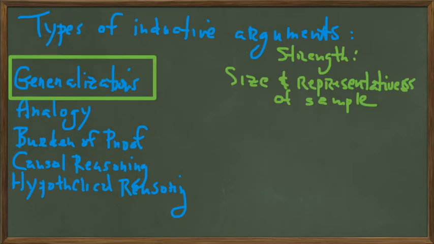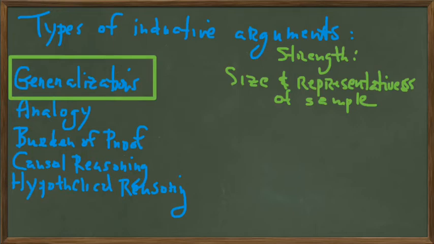So we've seen that when the sample size is big enough and representative enough, the inductive argument being made could be strong, and when the size or the representativeness is not there, the inductive argument is weak. These are the types of arguments, the generalizations, that we will spend the most time on, but let's look at the other types to see how we determine their strength.